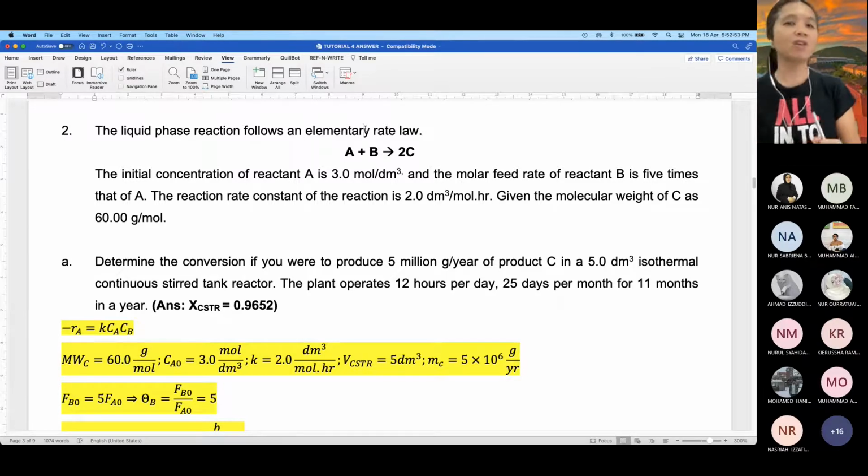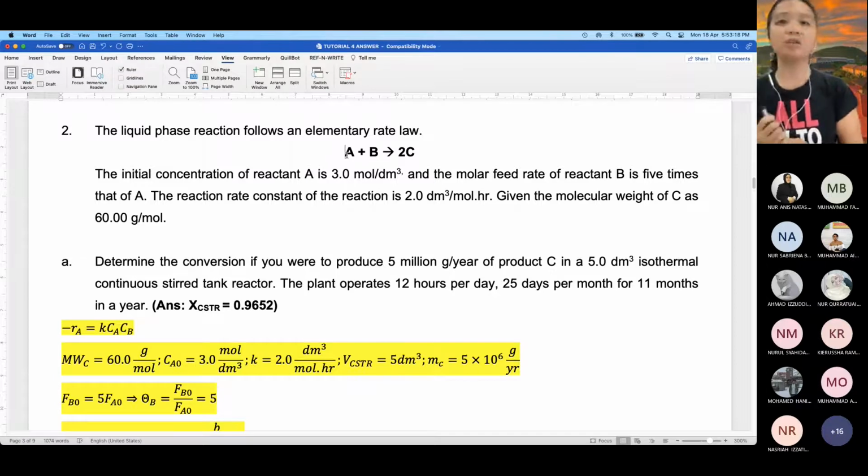Okay, so kalau kamu dah tengok elementary rate law, kamu dah boleh terus derive dia punya rate law. So rate law dia minus RA equals to K, okay, ikut reactant dalam persamaan ni A and B. So CA, CB, power of 1 for A, power of 1 of B, because in the chemical reaction, the stoichiometric coefficient for A is 1, the stoichiometric coefficient for B is also 1.